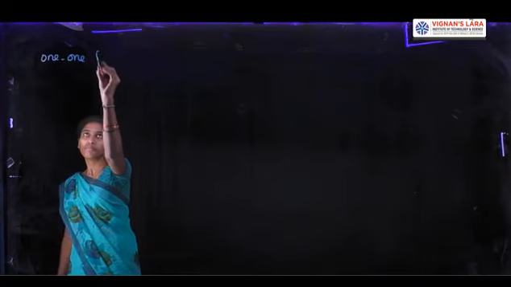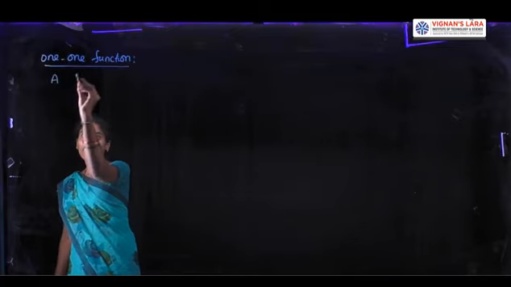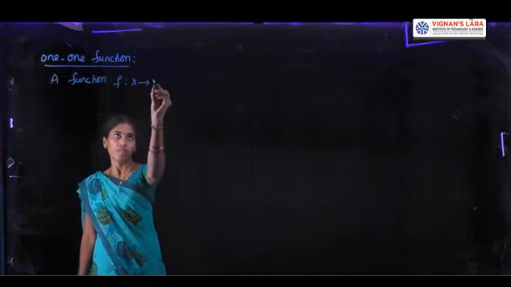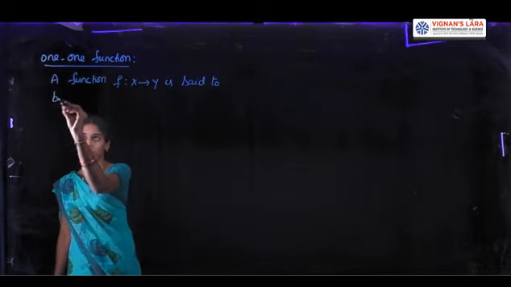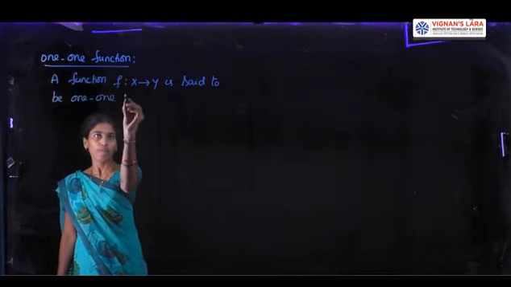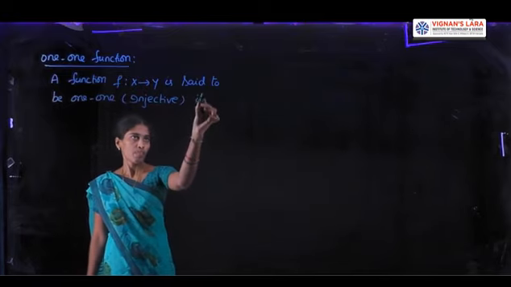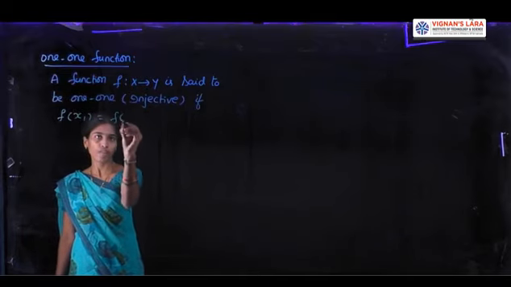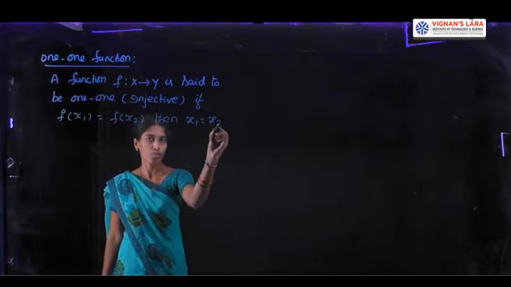Now next we will see the concept of one-one function. A function f from x to y is said to be one-one. The other name of one-one function is also injective function. If f of x1 is equal to f of x2, then x1 is equal to x2.